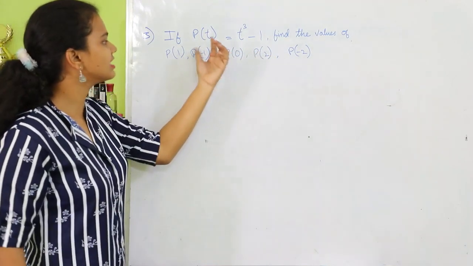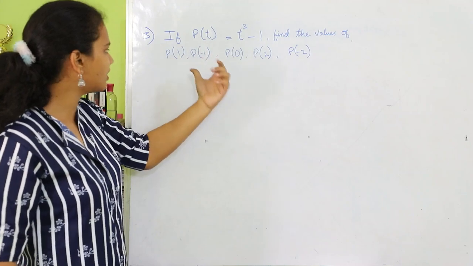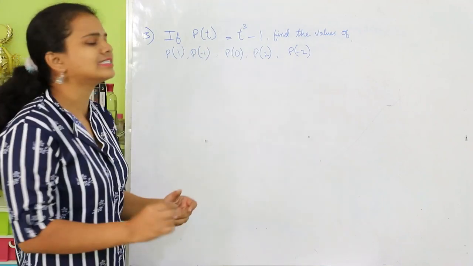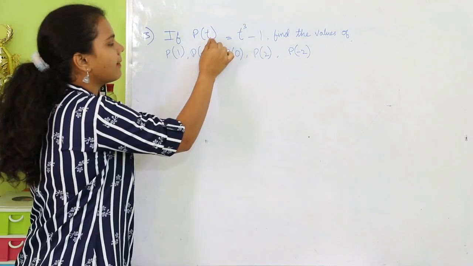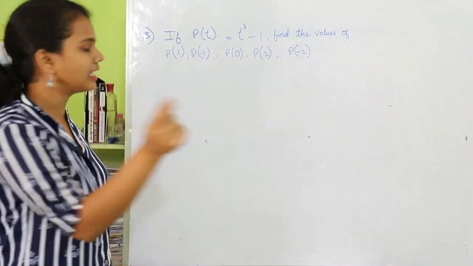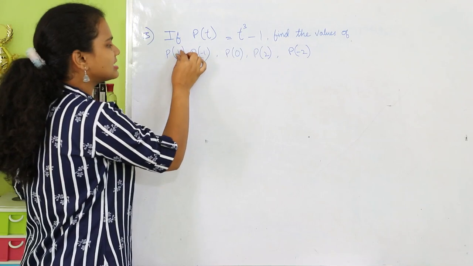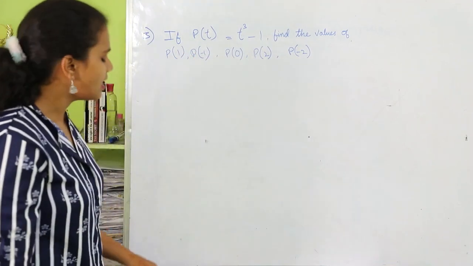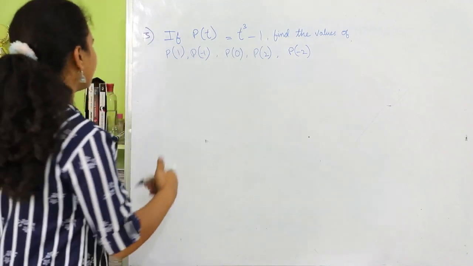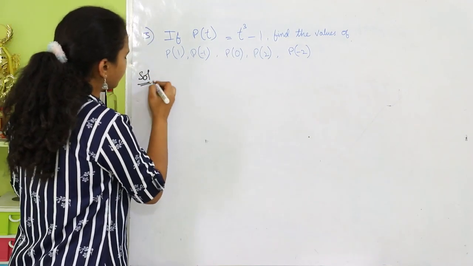Now to find the values of p of 1 or p of minus 1, it's a simple one where you just substitute the value in the p of t form. At p of t you place the 1. Substitute the values 1, minus 1, 0, 2, minus 2 like that. Let's substitute firstly. The first one is what?